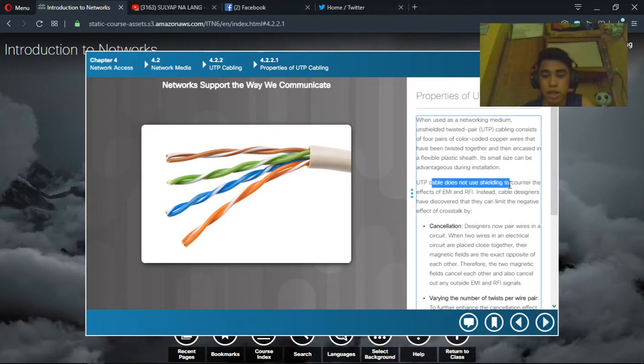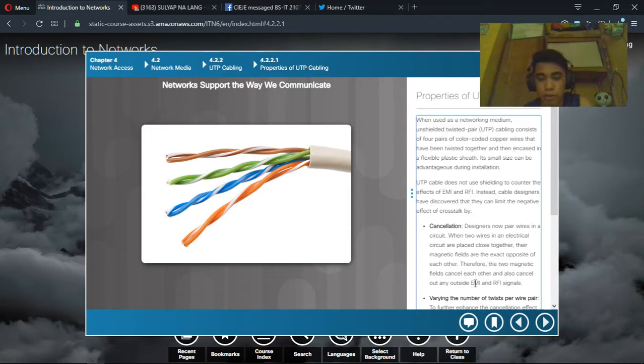Cable does not use shielding to counter these effects. Instead, cable designers discovered that they can limit the negative effect of crosstalk by cancellation. Designers now pair wires in a circuit. When two wires in an electrical circuit are placed close together, their magnetic fields are the exact opposite of each other.